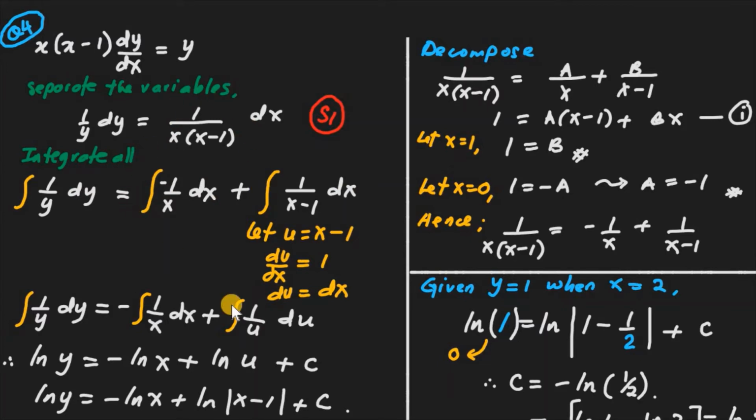And of course here, when you are to integrate, how do you integrate this one? We have to use the method of partial fraction decomposition. So for this portion, you need to decompose first and get into this format.